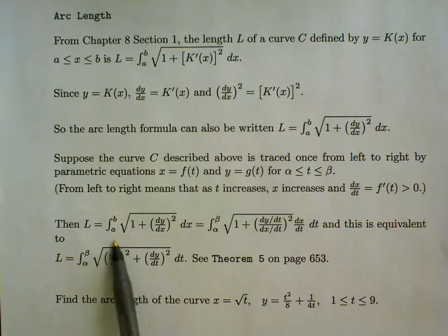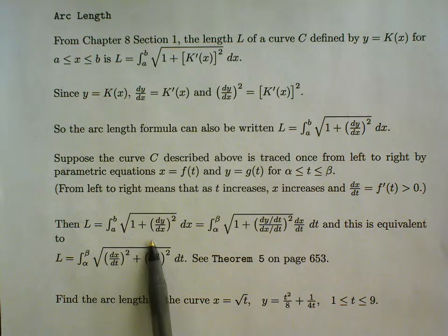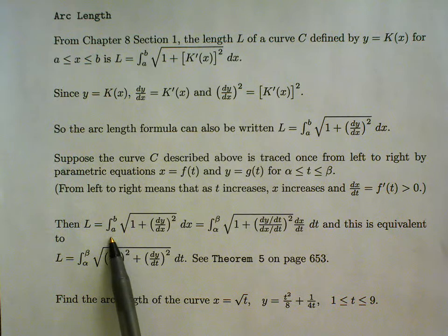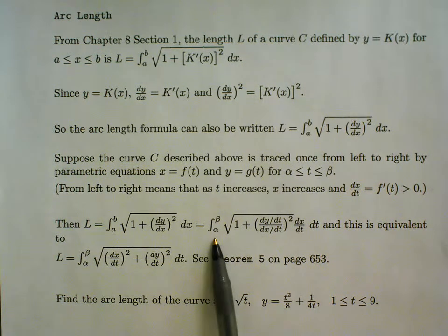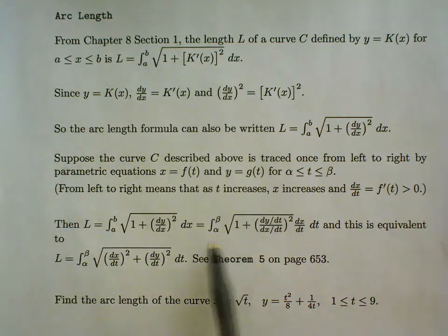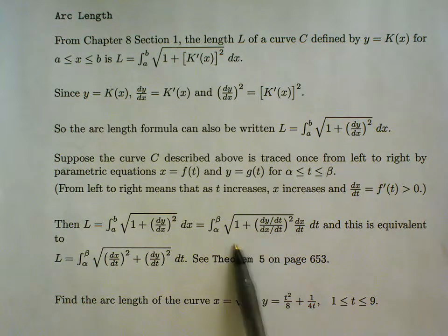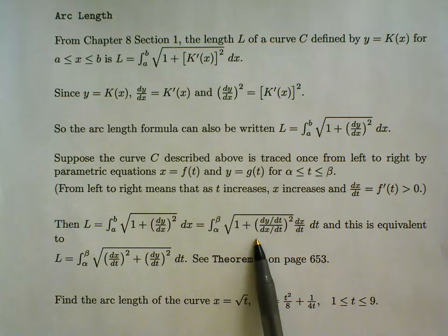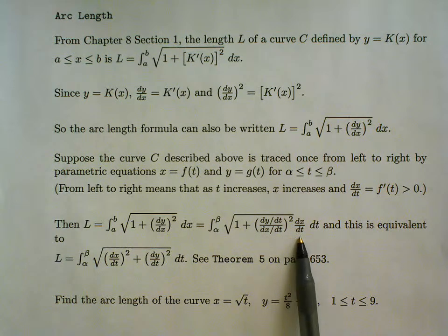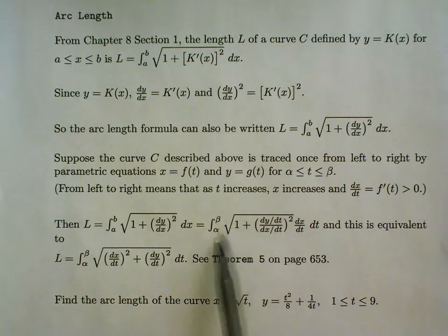Specifically, the definite integral of the square root of 1 plus the square of dy/dx as x ranges from a to b is equal to the definite integral of the square root of 1 plus the square of (dy/dt over dx/dt), times dx/dt dt, from t equals alpha to t equals beta.